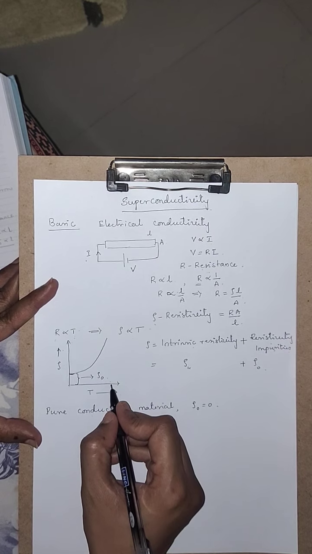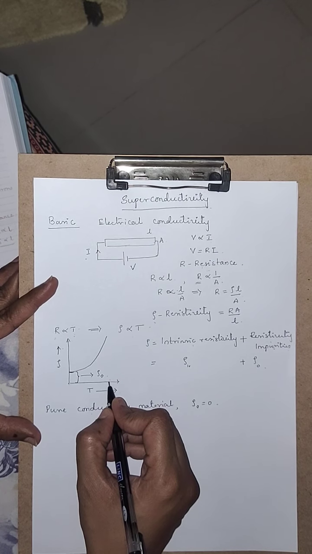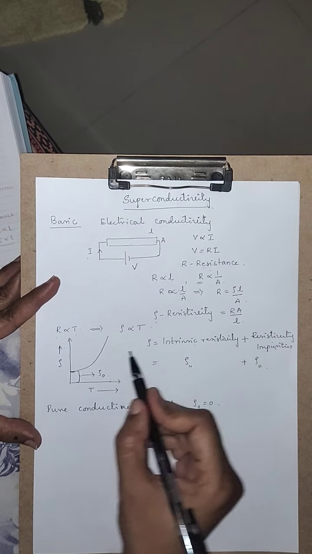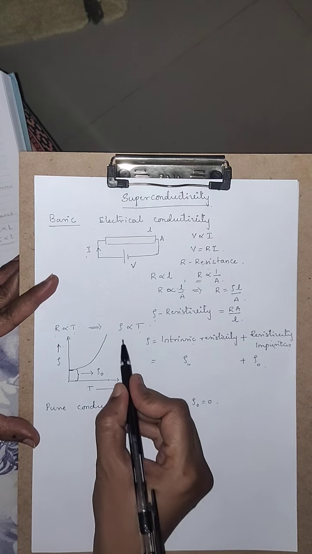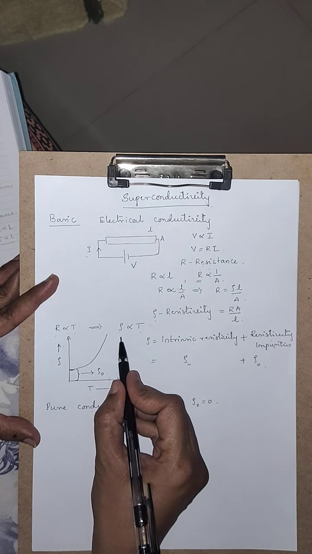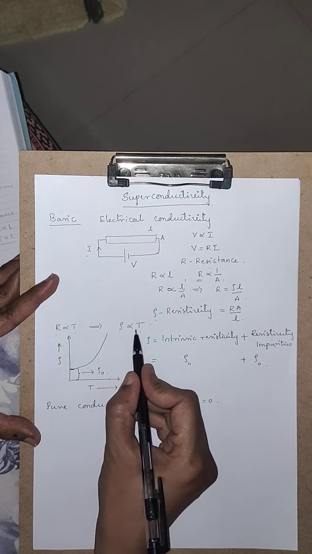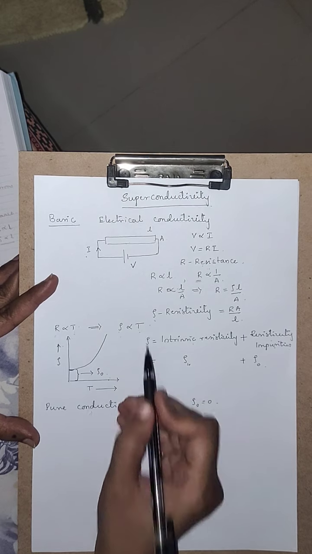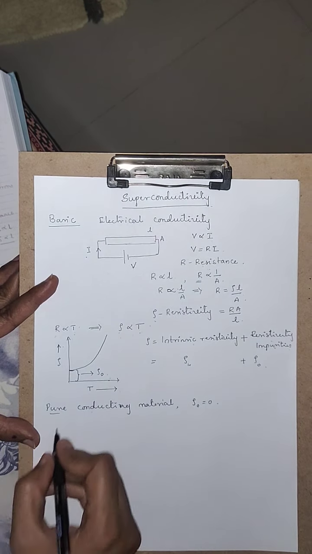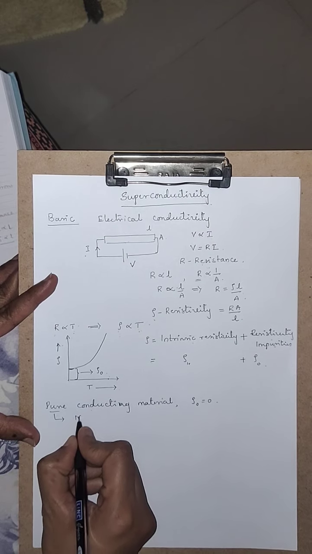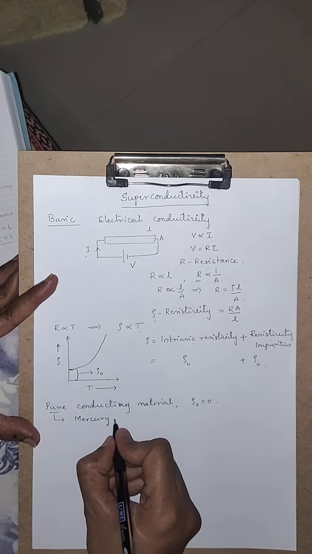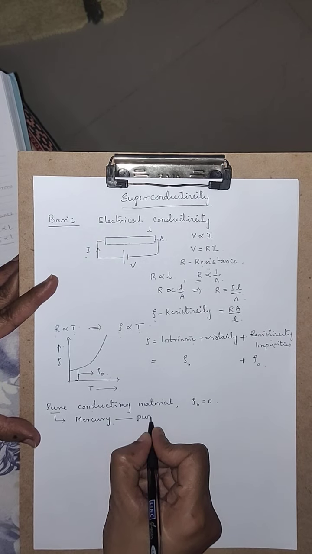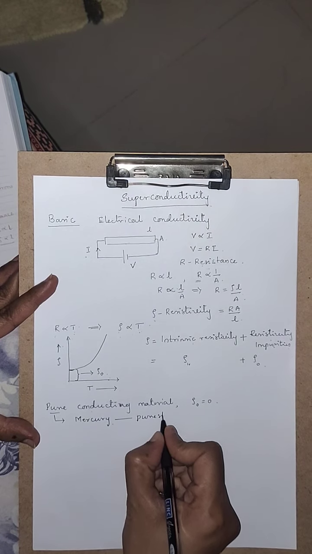This was first studied by Kamerlingh Onnes while studying the dependence of resistivity on temperature. Accidentally he conducted an experiment to understand the dependence of rho on T in the case of a pure conducting material, that is nothing but mercury. All of us know that mercury is a conducting material which can be found in its purest form.